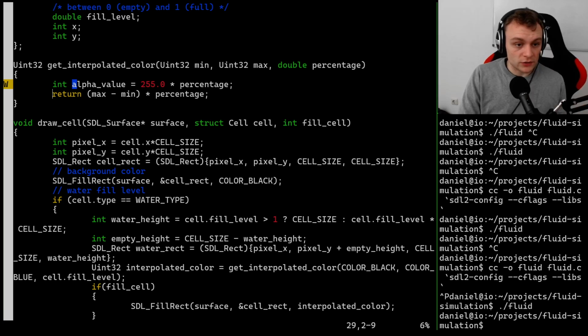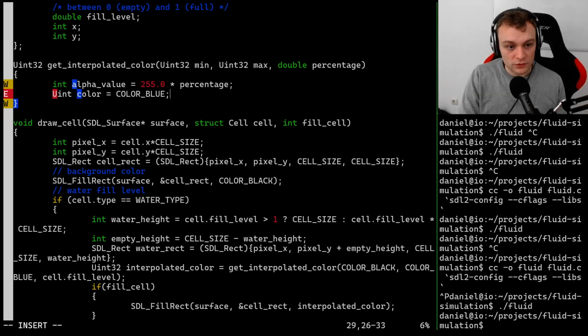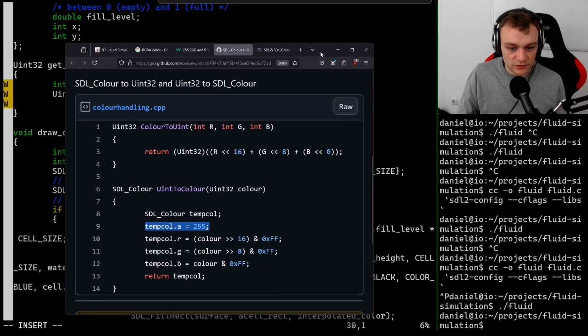And then we return the color. And that is practically its color blue. However, we would like to change the alpha value of color blue. So how do we do that? We need to somehow shift the color.